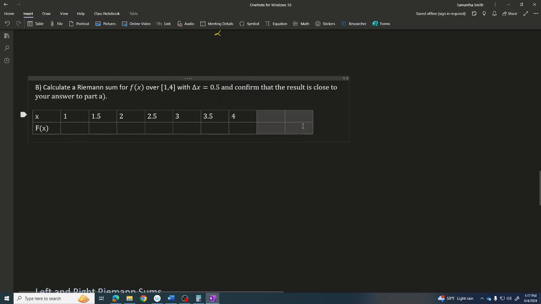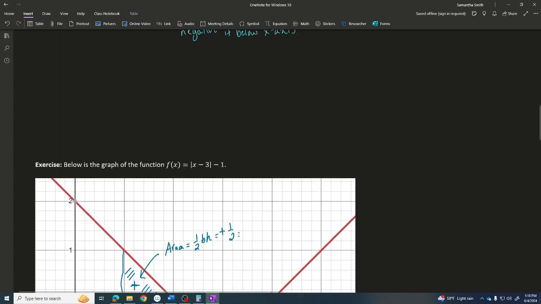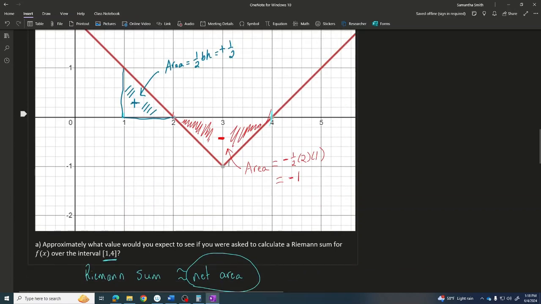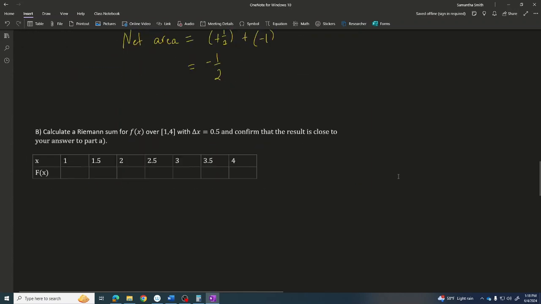Now that I have written down my x values, I'm going to go ahead and write down my corresponding y values. And each of these y values I am going to obtain by plugging this x into the formula that I was given at the start of the problem. Alternatively, you could also use the graph to answer this question and fill out this table.